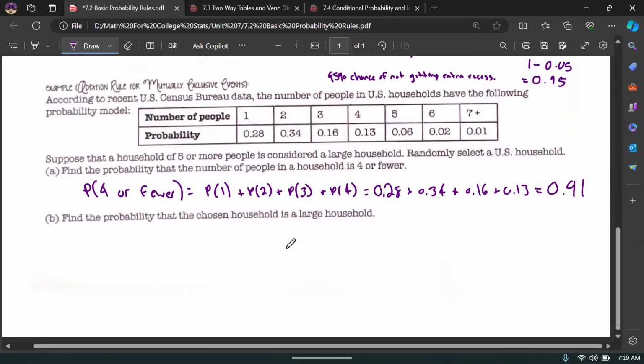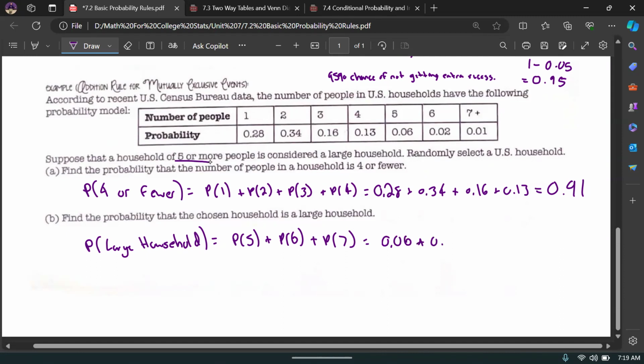Find the probability that the chosen household is a large household. So remember, we defined a large household as 5 or more. So the probability of a large household is defined as the probability of 5 or more. So probability of 5 plus probability of 6 plus probability of 7, which is what we just talked about. 0.06 plus 0.02 plus 0.01, which is 0.09.